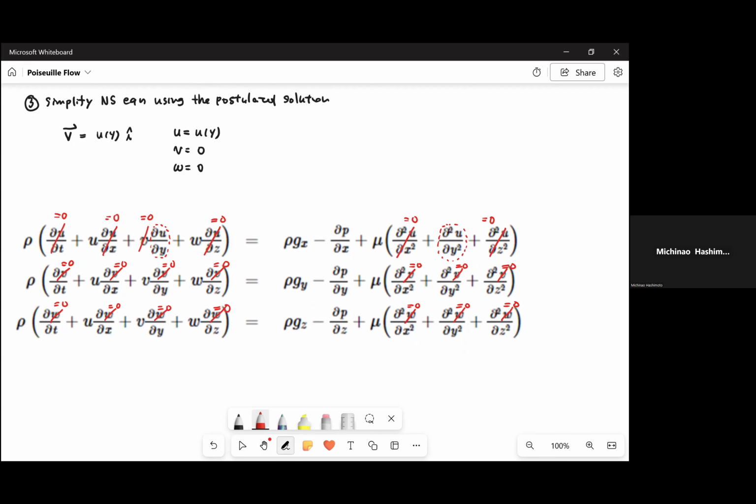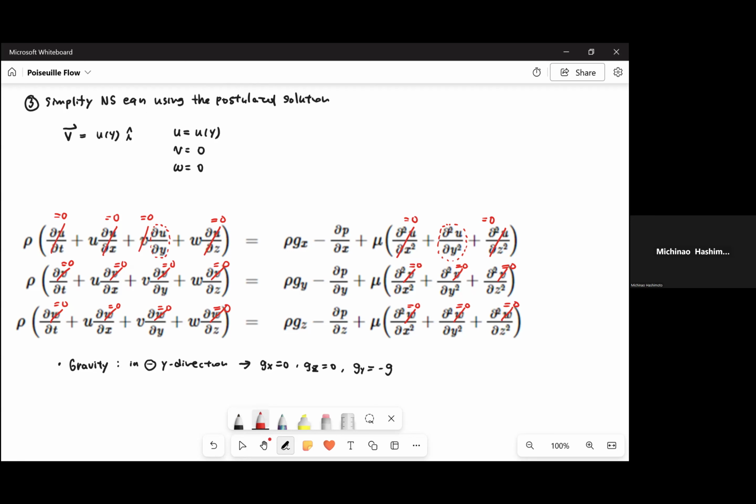And then what else? We also need to think about the gravity. Gravity, in the way we described, is only in the negative y direction. So this is really telling you gx equals 0, gz equals 0, and gy equals minus g.